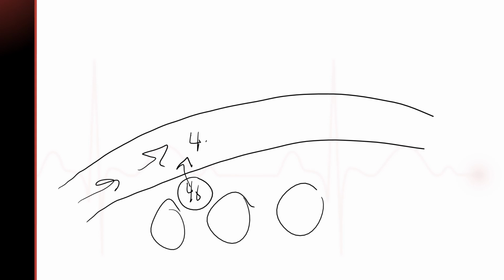The reason for that is because the partial pressure of carbon dioxide within the oxygenated blood plasma initially is 40. The partial pressure of carbon dioxide within the interstitial fluid is 46, so there's a partial pressure gradient. Carbon dioxide moves from the interstitial fluid into the blood plasma, follows its partial pressure gradient, and drives the partial pressure of carbon dioxide within the blood plasma up to 46, which is the same as in the interstitial fluid.